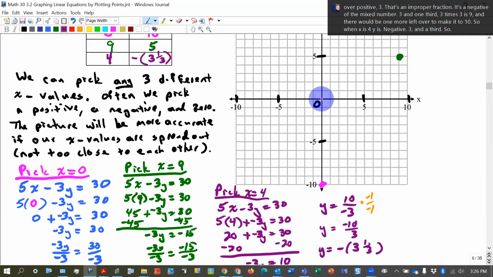So from the origin, in the x direction, I go to positive 4. In the y direction, I go to negative 1, negative 2, negative 3. And then I go 1/3 of the way from negative 3 to negative 4. So that would be about there.